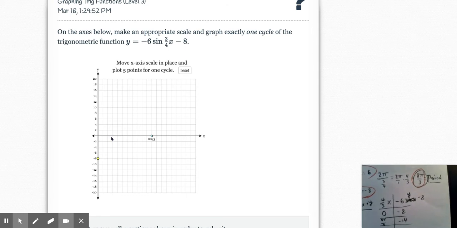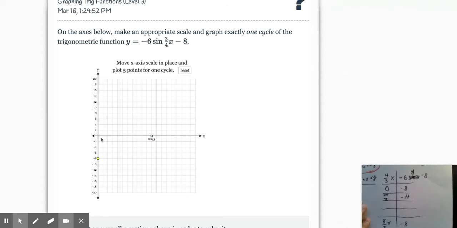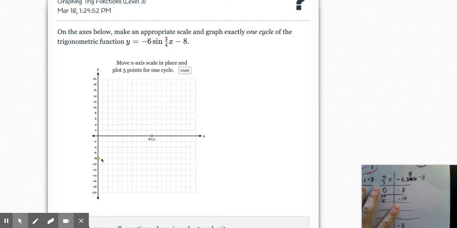So just make sure when you plot the next point, which is going to be negative 14, that you go an equal number of squares. Let's just pick 2. 1, 2 squares down to the negative 14. Okay? This is supposed to be 4 pi over 6, this X mark. But again, it's going to be hard unless you want to do a lot of brain damage and fractions between this and this.